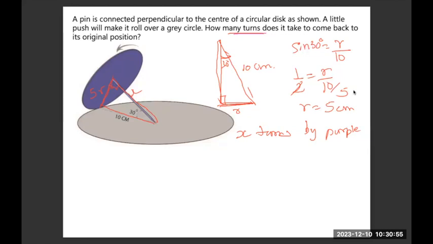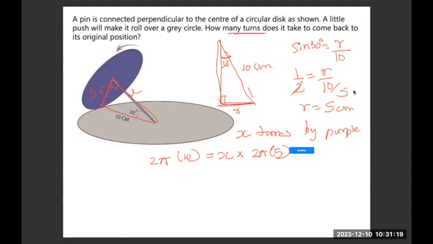So the total circumference of the gray circle, which is 2 pi r with r as 10 centimeters, is equal to, will be completed by x turns multiplied by the circumference of the purple circle.